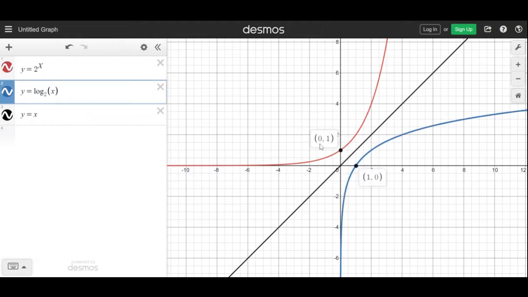So the values are just interchanged. So you have 0, 1 here, and we interchange the x and the y values, then you have 1, 0 here. So it means that the blue curve is exactly the reflection of the red curve here. So the reflection line again is y is equal to x. You can also say that is the line of symmetry.